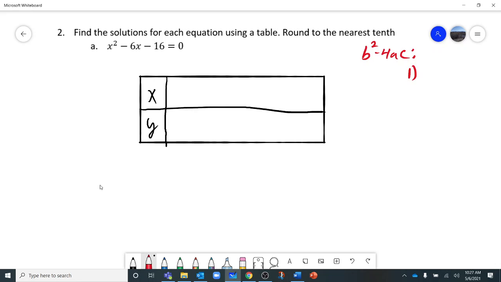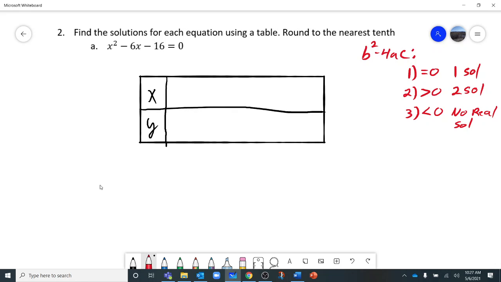Case 1, if that is equal to 0, then we have 1 solution. In case 2, if it's greater than 0, we have 2 solutions. And case 3, if it's less than 0, we have no real solutions. There's some imaginary solutions, but we're not worried about those right now. Okay, so we can plug that in and figure out how many solutions we have.